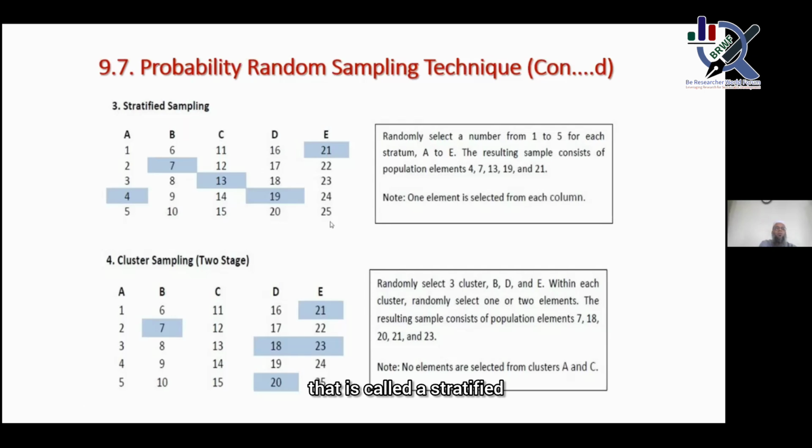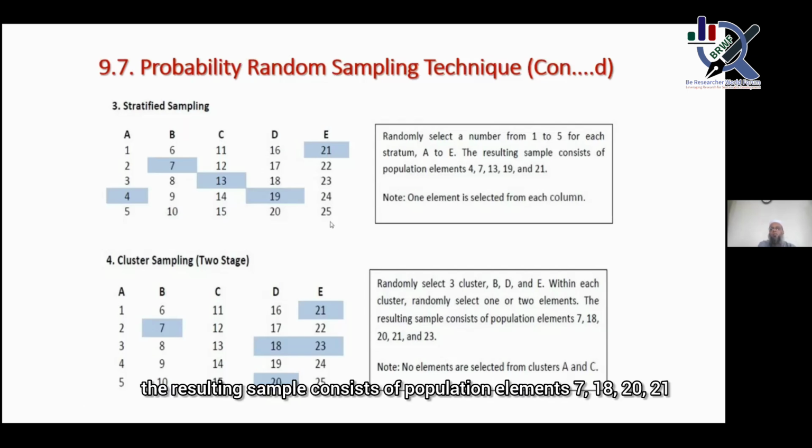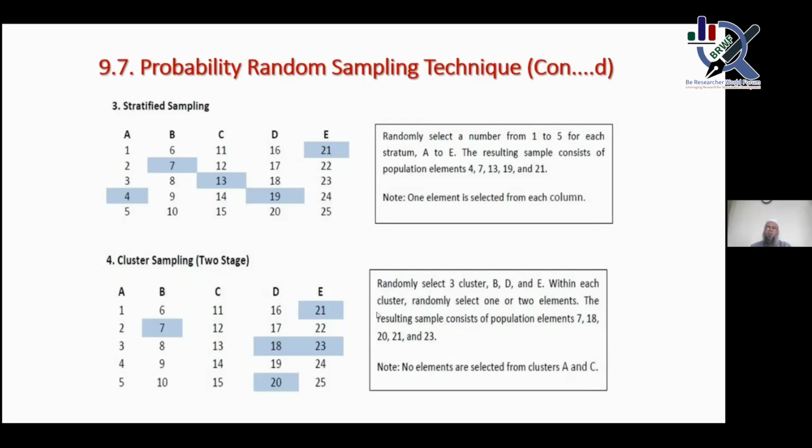That is called stratified. And in cluster sampling, randomly select 3 clusters, B, D and E. Within each cluster randomly select one or two elements. The resulting sample consists of population elements 7, 18, 20, 21 and 23. This is cluster sampling, a two-stage sampling.